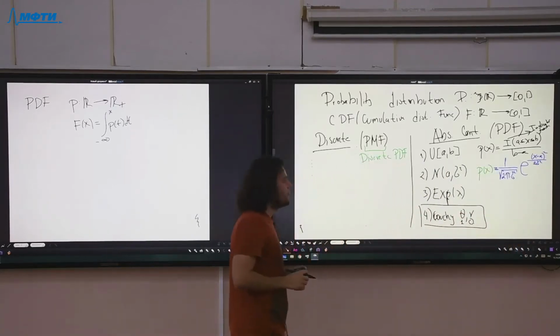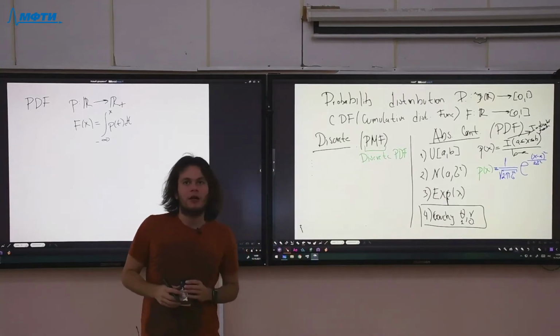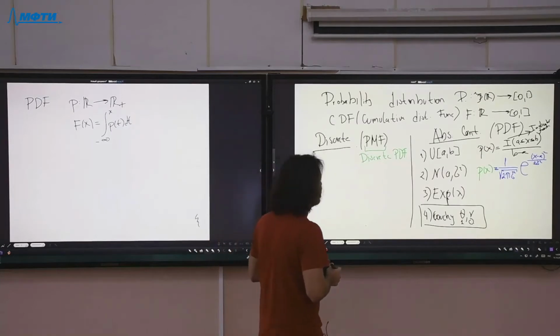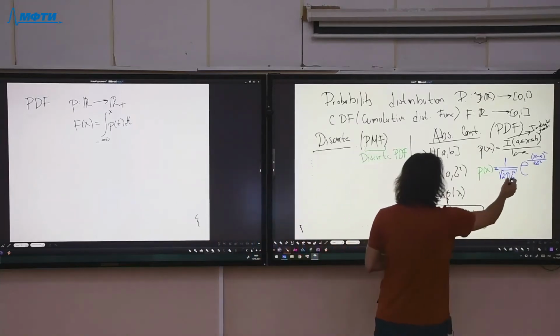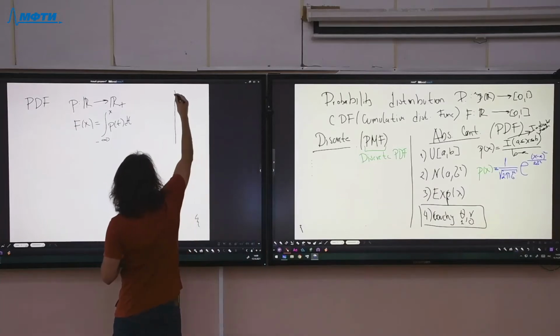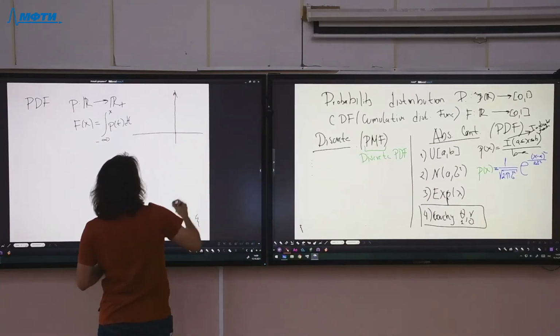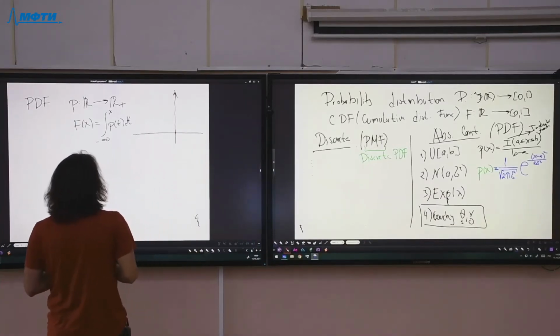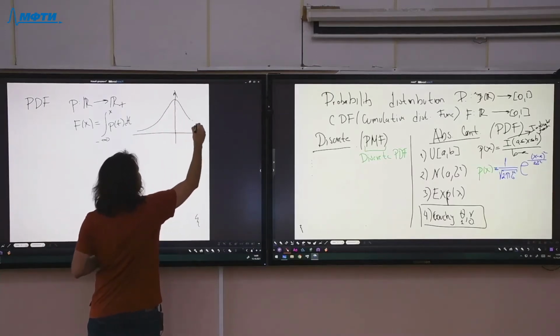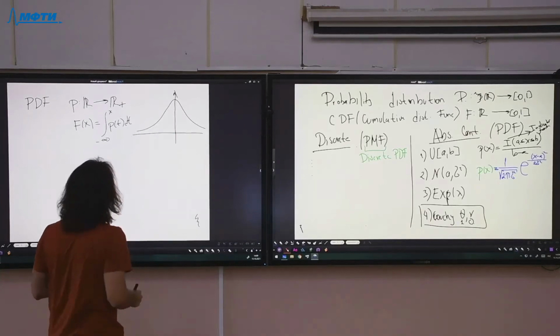So this is the PDF for the normal distribution or the Gaussian distribution, okay? And we already talked that this function looks like this, right? So this PDF is the famous bell curve, so something like this, the bell-shaped curve, right?